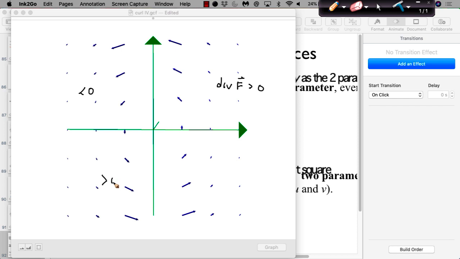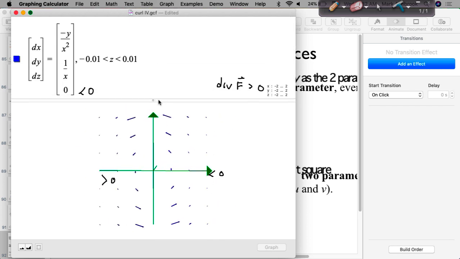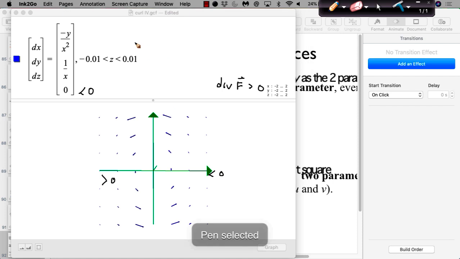So let's see how that comes out when we do the divergence of this field. The divergence of the field is the partial of this with respect to x, which would be negative 2 times negative y over x cubed. Is that right? Plus the partial of this with respect to y is 0.